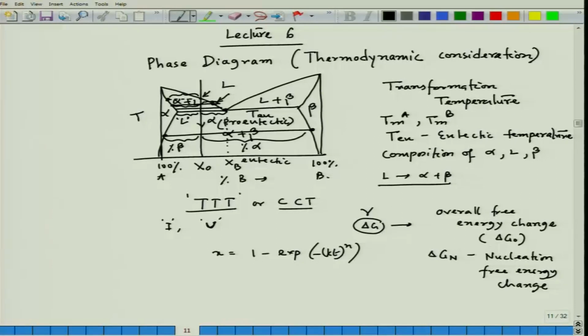Now, these two quantities we cannot get from this diagram if we have this diagram from the cooling curve.